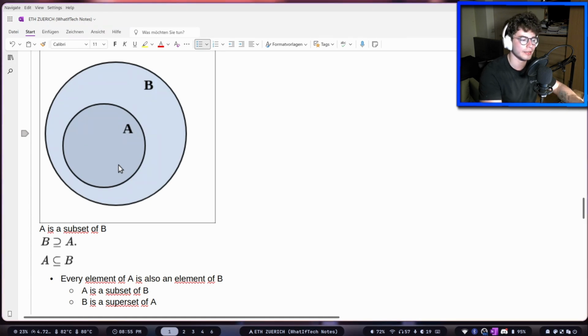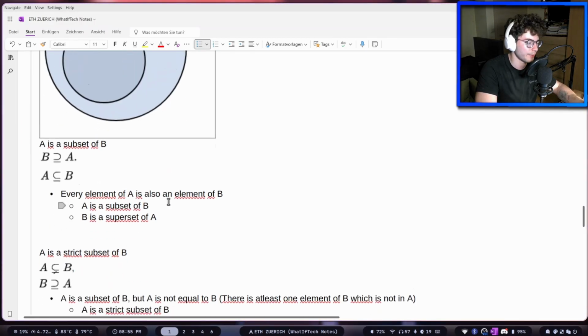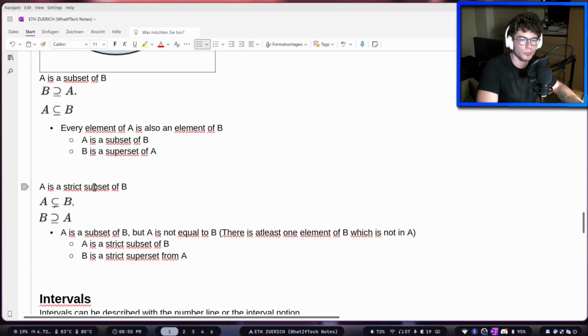So the set 1 to 3 is a subset of the set B 1 to 3, but it's not a strict subset. A strict subset would be the set A 1 and 2, and B has the elements 1, 2, and 3. So there's an element in B which is not in A. So A is a strict subset of B.